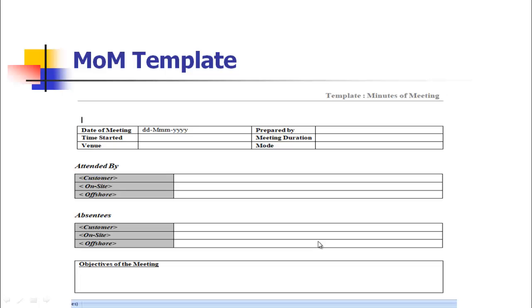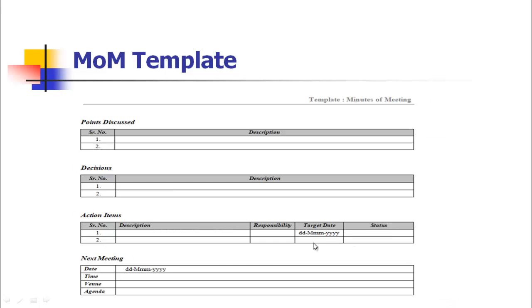Then the objectives of the meeting will get listed here, which is nothing but your agenda for the meeting. In the next slide, you can see points discussed, where we maintain who said what. Then the decisions which you take collectively will get listed here. Then the action items you need to list here, the actions which need to be taken by a particular date, which comes in the target date.